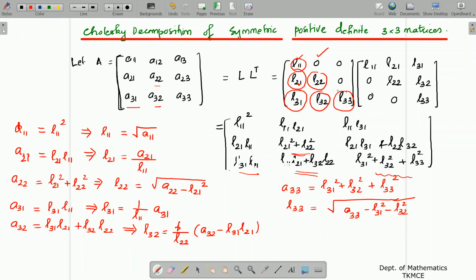Now let us see an example in order to demonstrate this Cholesky decomposition of a symmetric positive definite 3 by 3 matrix.